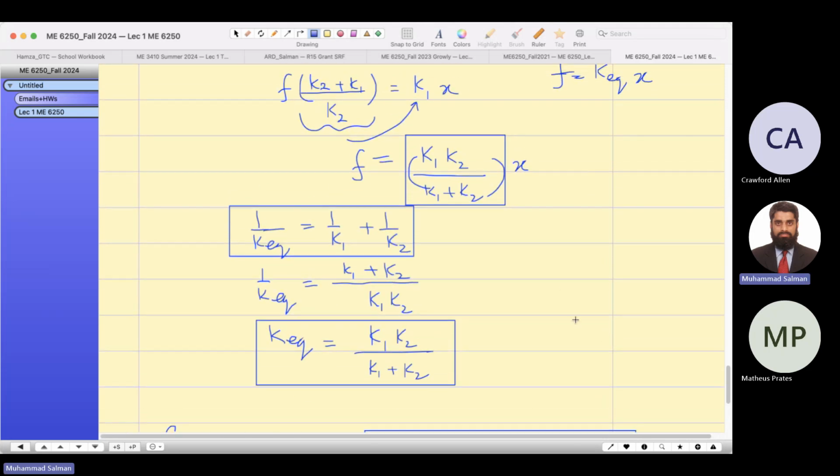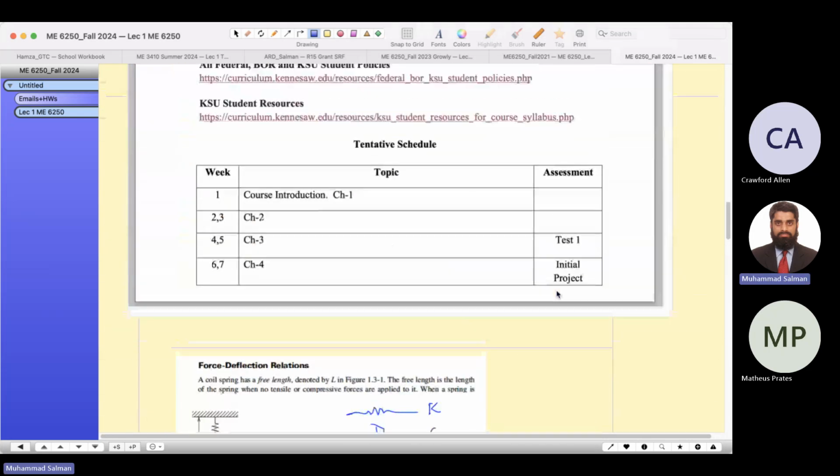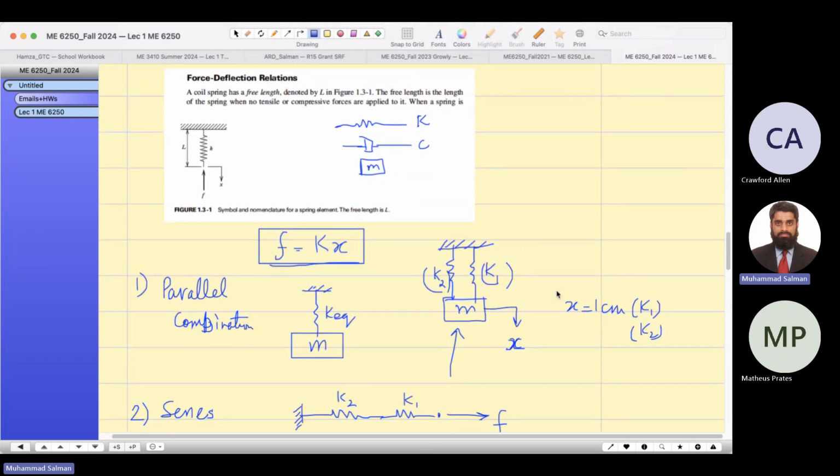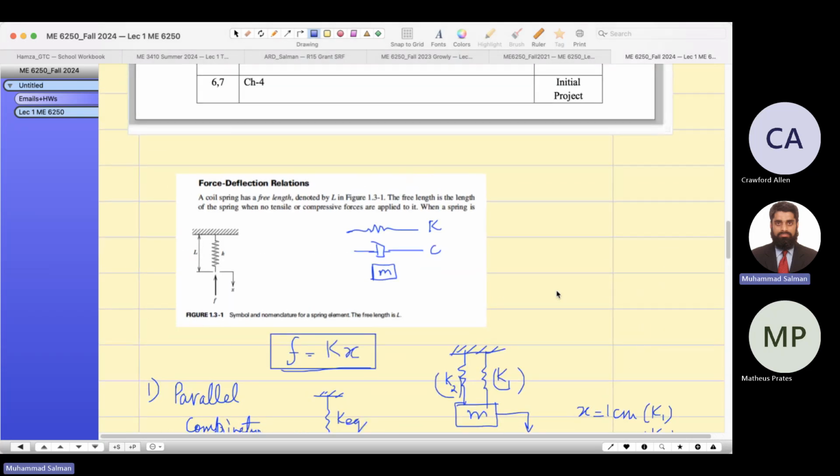Now, as I mentioned, any physical devices in mechanical engineering can be modeled with the help of these three elements: springs, dampers, and masses.